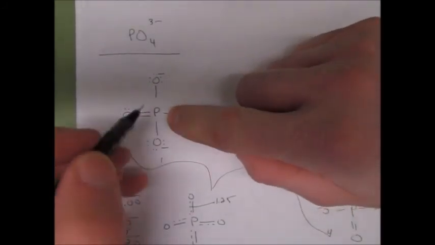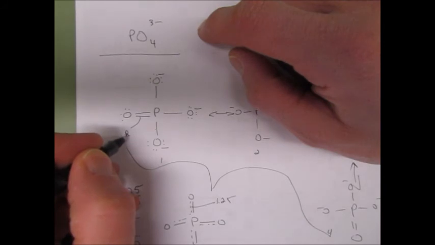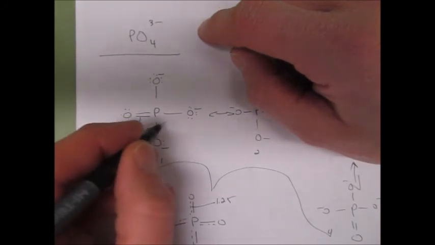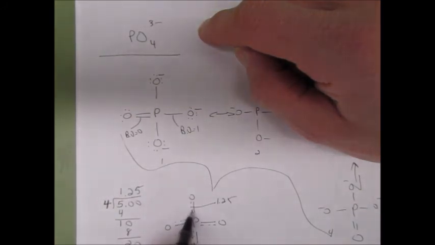So the bond order of each of these is 1.25. So it's not like it's a double bond. This would have a bond order of 2 because it's a double bond. A single stick would have a bond order of 1. These ones have a little more than just 1 stick. They got a little extra. Each of them gets another 0.25 of a stick.